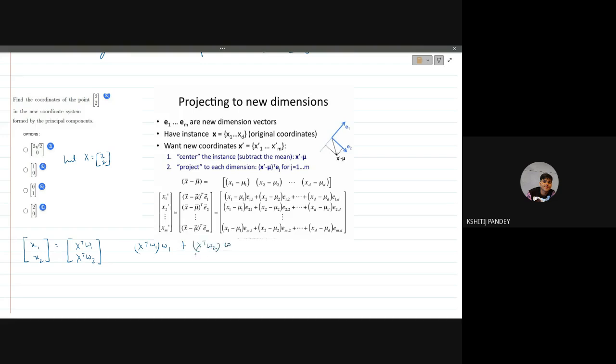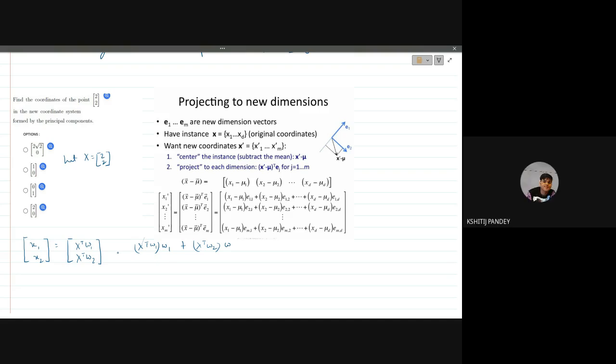This will give you the original data point, but we want only the projections. I'm not getting this coordinate.